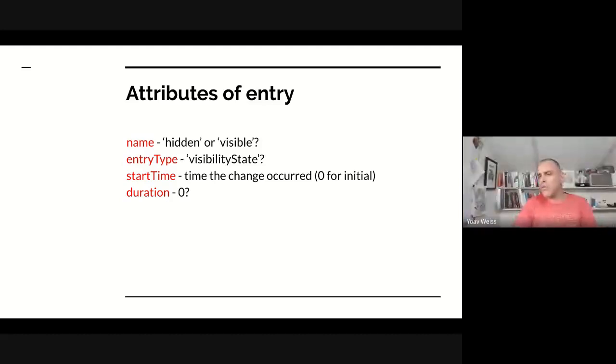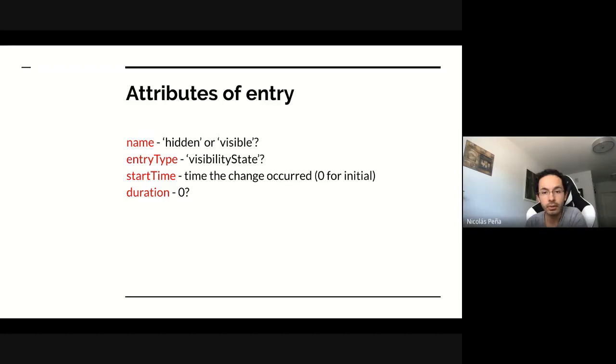So, if, for example, I have a page that loaded and never moved to the background or never moved to the foreground, like never had a visibility change, if we don't artificially insert the initial state, we won't know which is which, right?